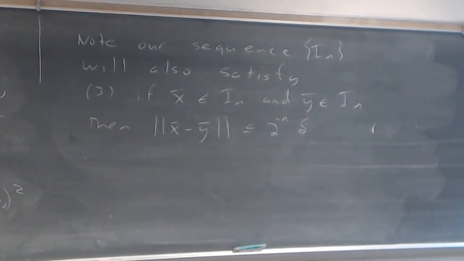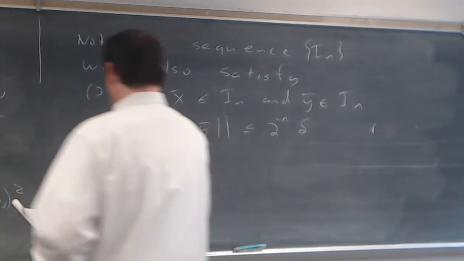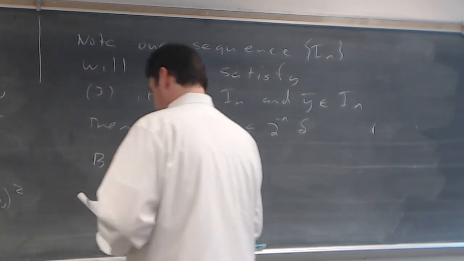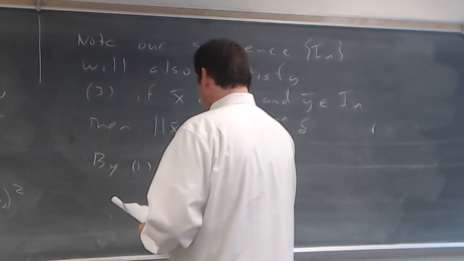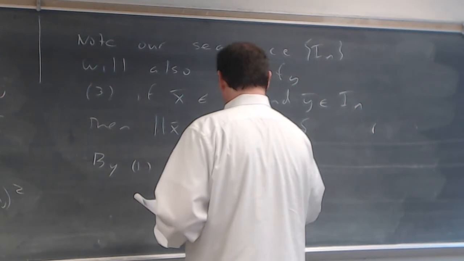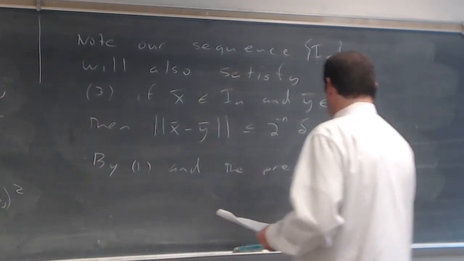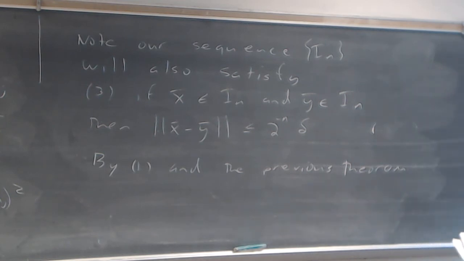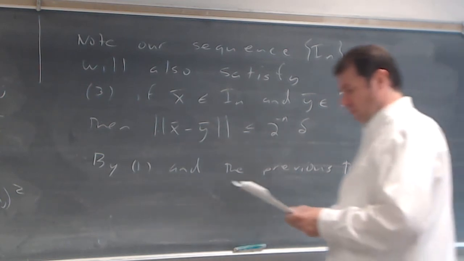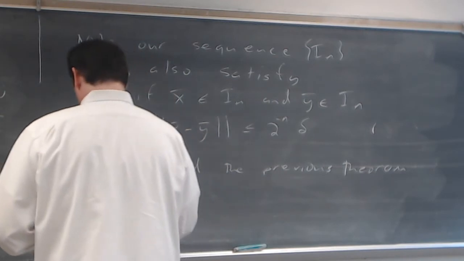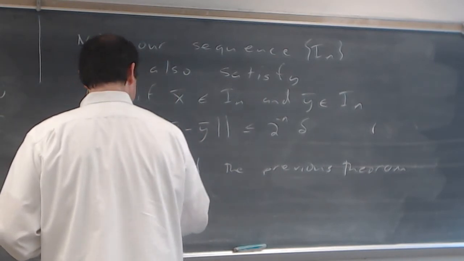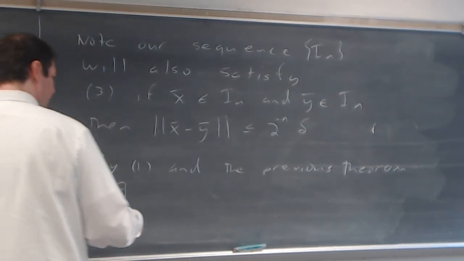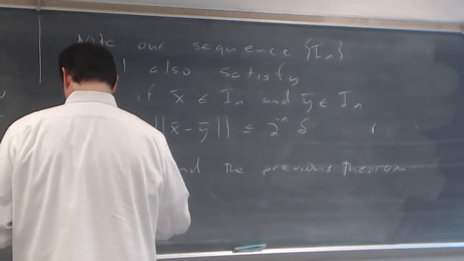Okay, now by 1, which was the containment, and the previous theorem, there exists, so remember that previous theorem said that if these k-cells are contained one inside another, then their intersection is non-empty.